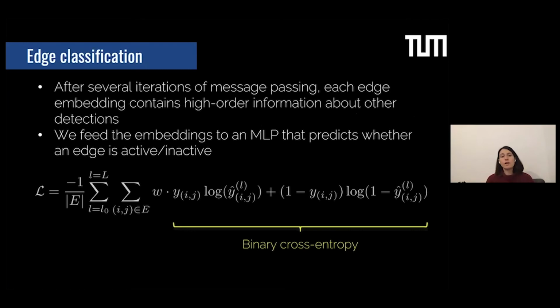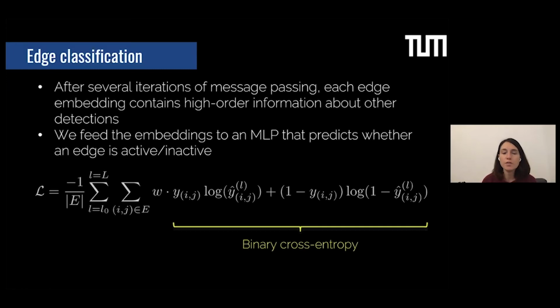So what we're going to do now is very simply edge classification, right? We're going to feed these embeddings of the edges into an MLP, and this is going to predict whether the edge is active or not. So this is basically very simple binary cross entropy.